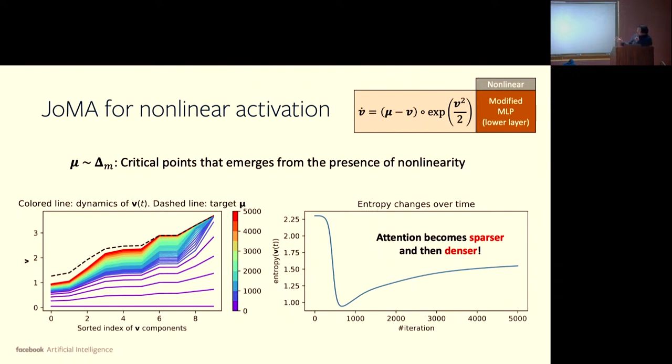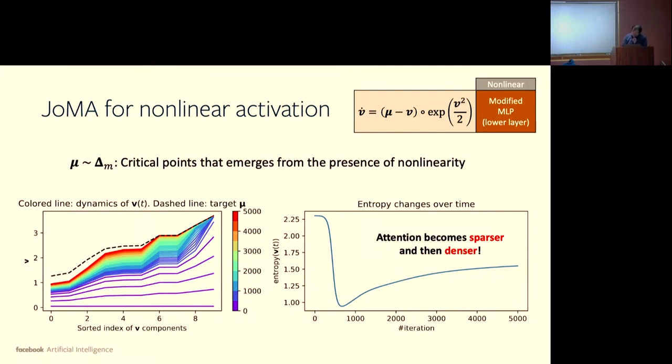It tells you that the attention will first become sparser, which is what the ScanAN paper predicts, but at the same time, it will become denser in the later iterations. So the picture is different between nonlinear and linear activation. In the linear activation, the attention only becomes sparser and sparser until it saturates. But in the nonlinear situation, it will become denser later.